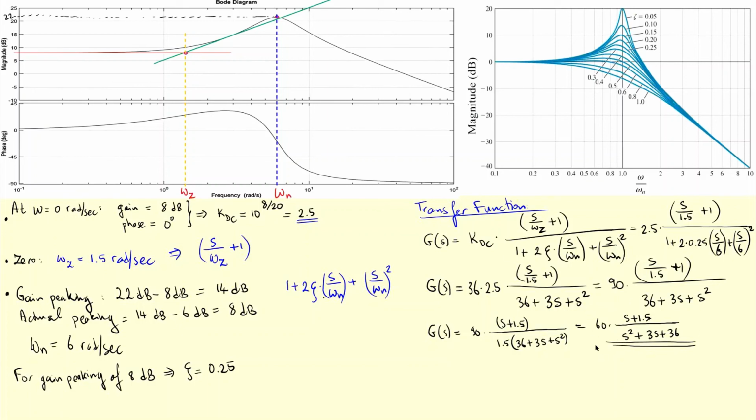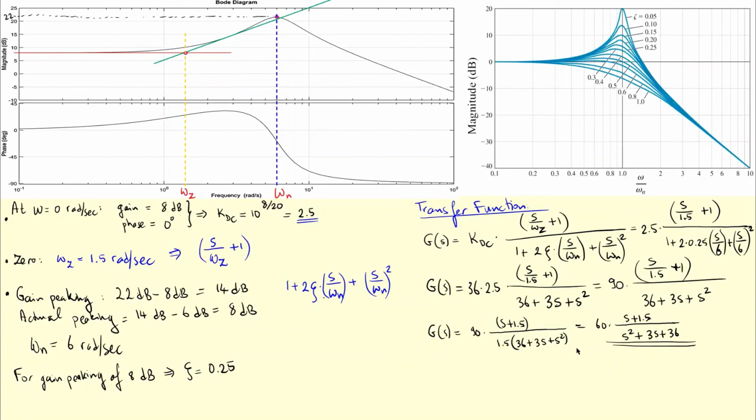For example, if you look at the DC gain, if you set s equal to 0, which is the condition for DC, or omega equal to 0, you will have 60 times 1.5 divided by 36, and that is 2.5. If you convert 2.5 to dB, you will get very close to 8 dB. And that's actually what we had here also. So that is already correct, but it can be that not all points are equivalent to this expression.